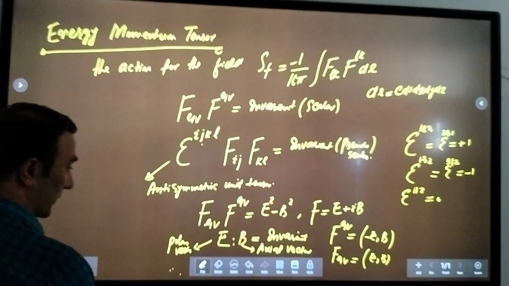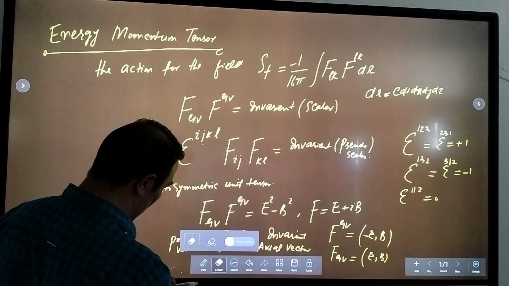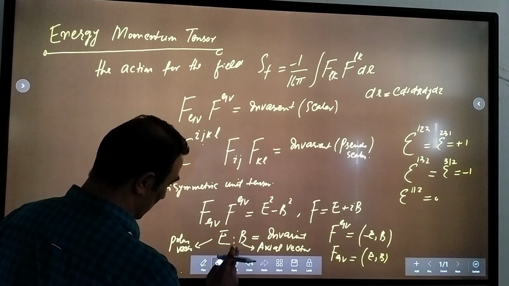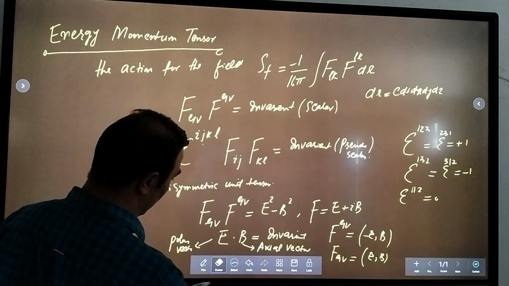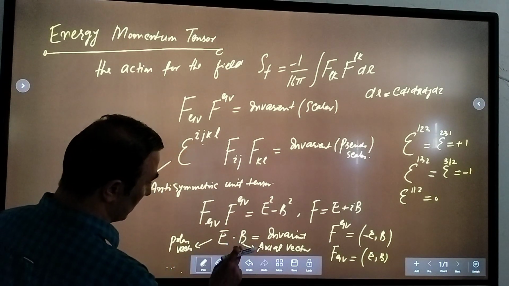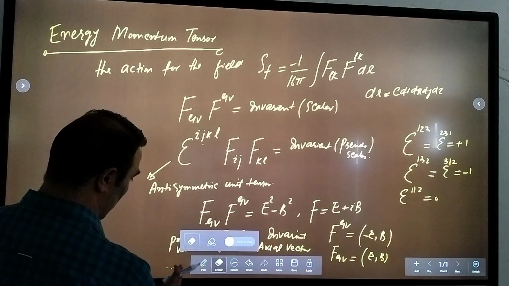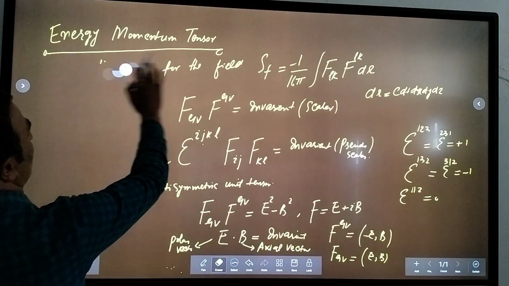Now, otherwise, if you write this one now, this remains invariant because E changes sign under transformation. Okay, so let me write it here.